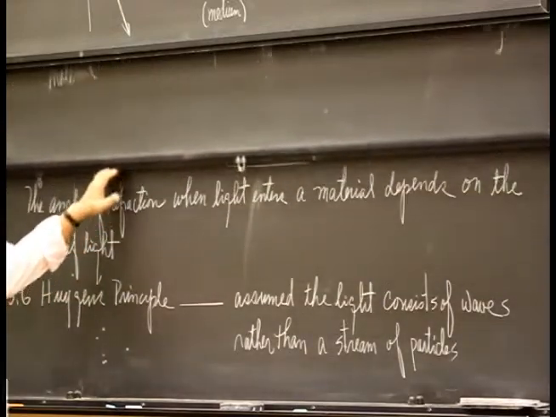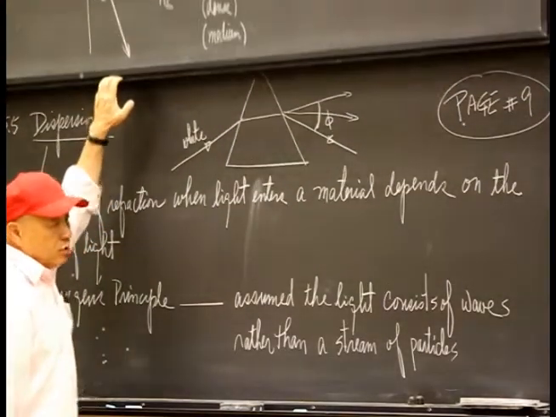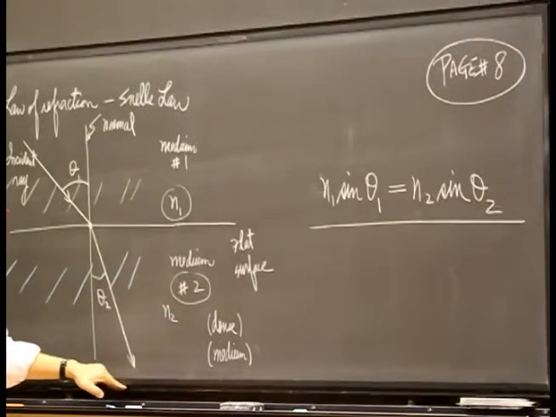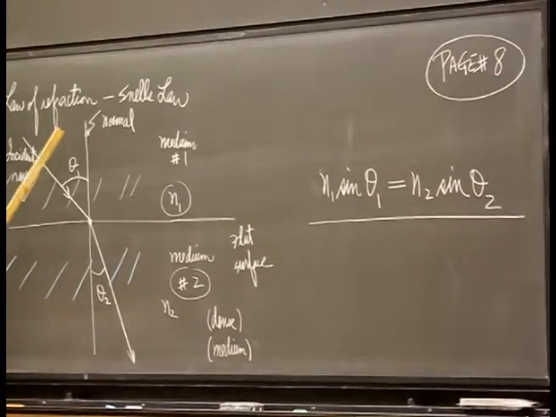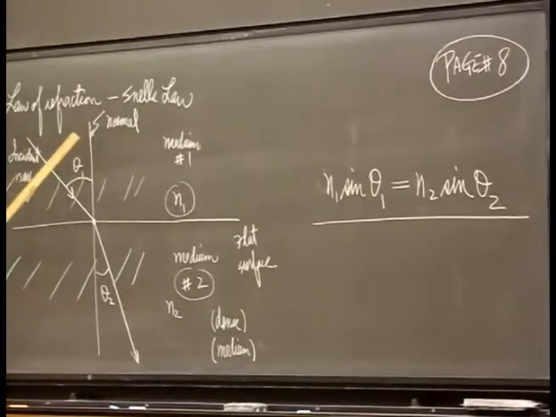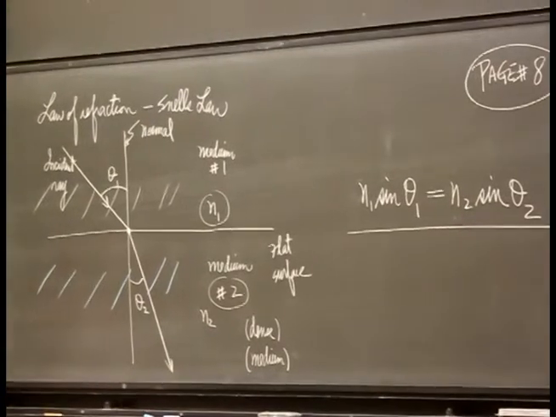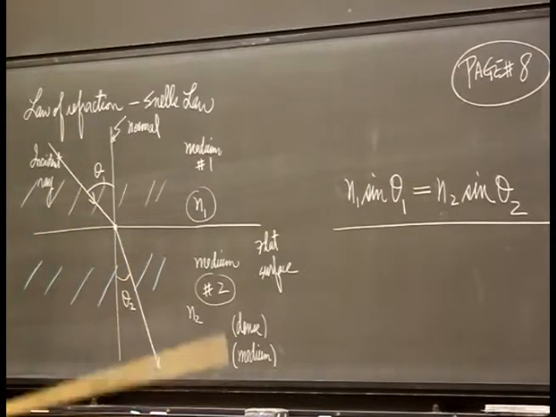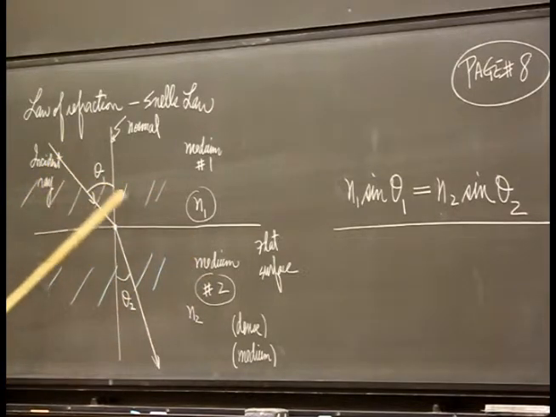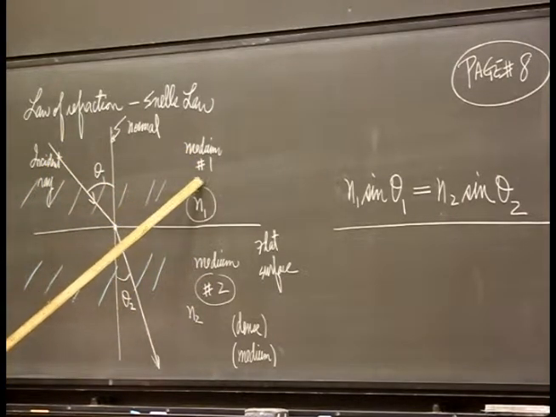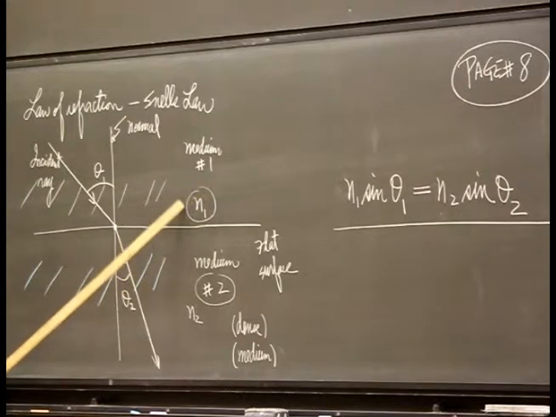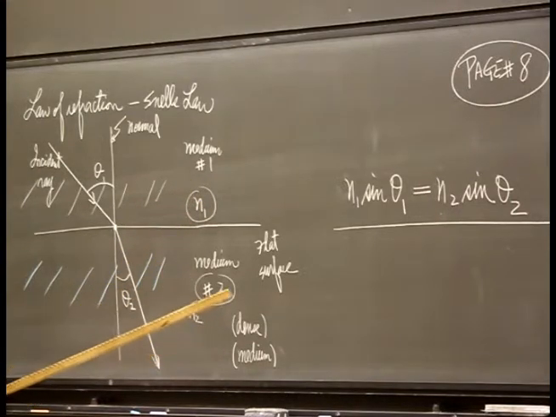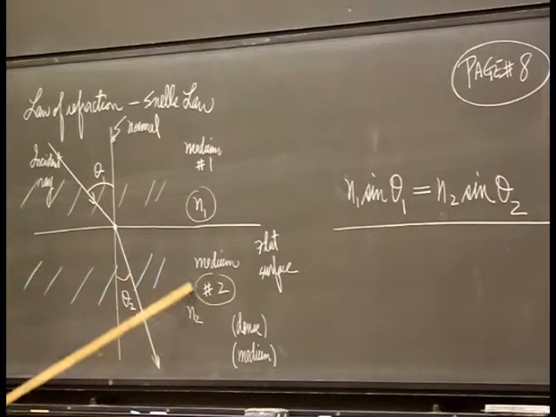Now, Snell's law is a very useful law. Basically, it's the law of refraction. How we define it is, again, related to angles. Let's assume medium 1 is associated with index of refraction n1, and medium 2 with index of refraction n2.